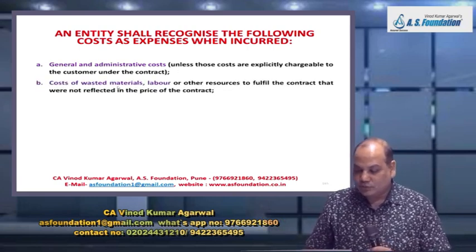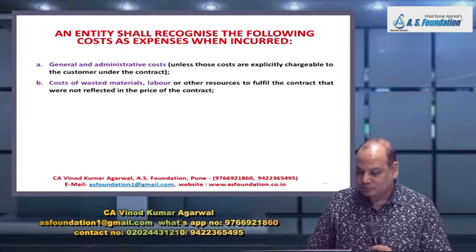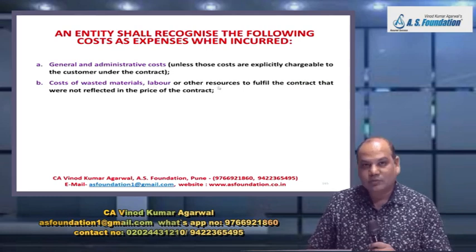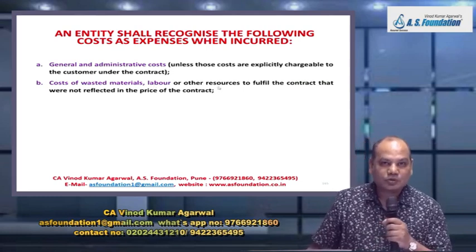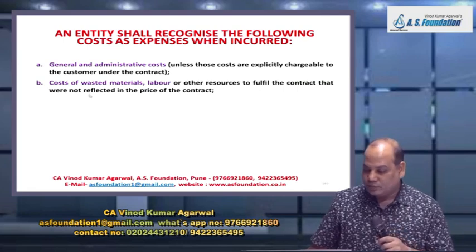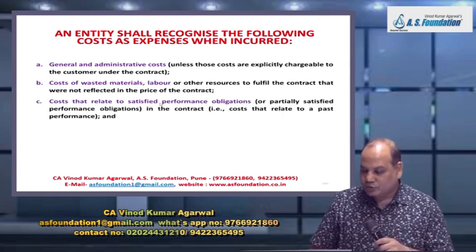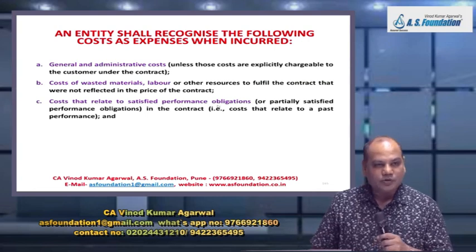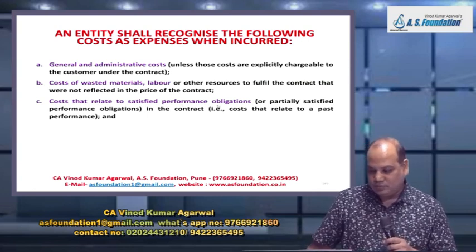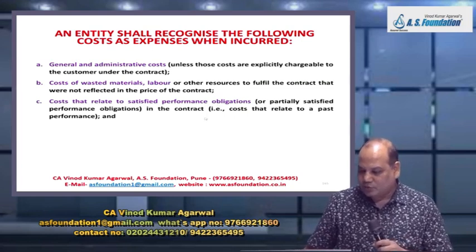Next is cost of wasted material, labor or other resources. This will not be charged to the contract. Wasted material, labor or any other resources to fulfill the contract that were not reflected in the price of the contract. And the third is costs that relate to satisfied performance obligation in the contract.